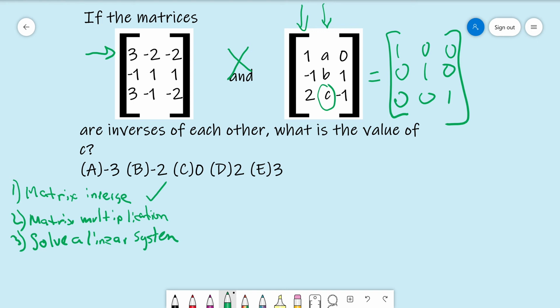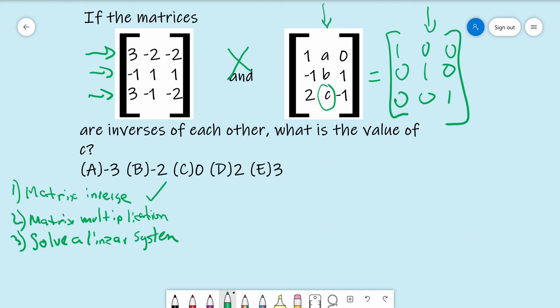We're only interested in this middle column, which will give us the middle column of the answer. So we have to multiply each of the rows in the first matrix, dot product it with the middle column of the second matrix. We don't need this first column. And then that'll give us our linear system, which we can solve.